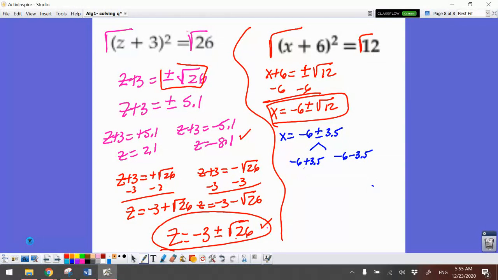So I know that I have an answer of x equals negative 2.5 and x equals negative 9.5. And if I'm going to sketch that, I can sketch it from here. So negative 2.5, negative 9.5. It's much easier to sketch it from the decimals than it is from the radical.